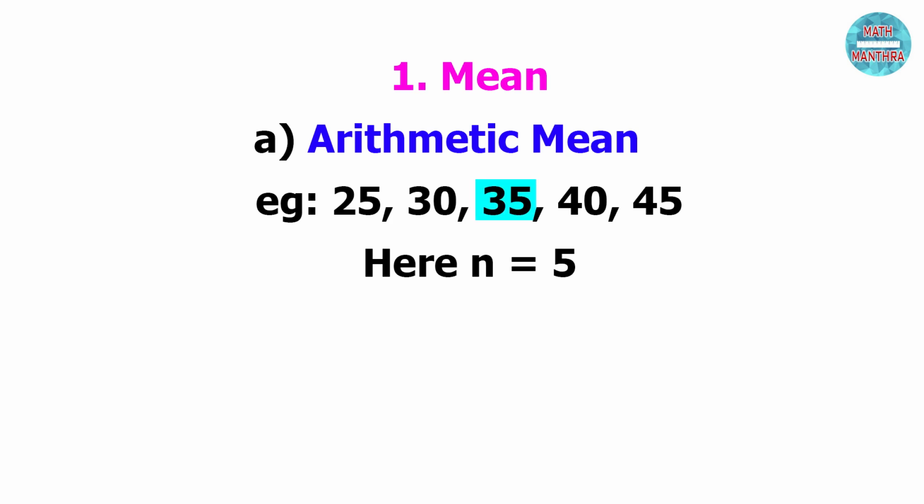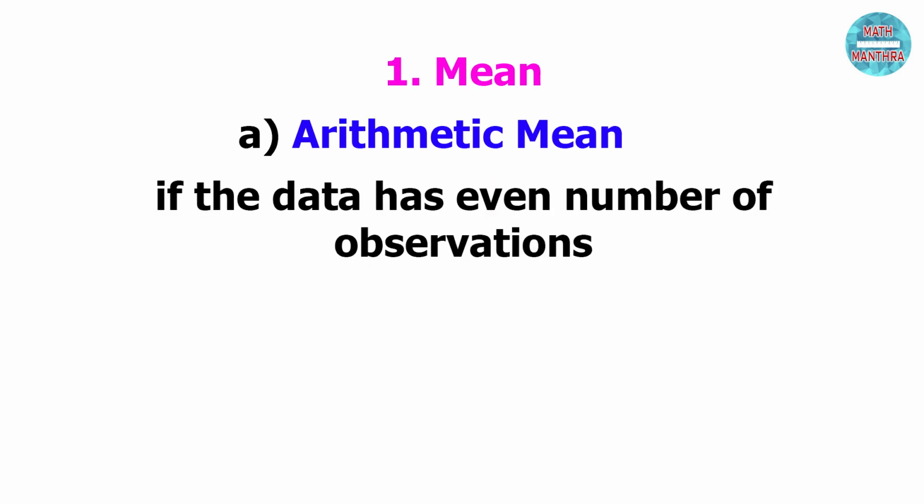That will be the arithmetic mean of this data. Hope it is clear to you. In the same manner, if the given data has an even number of observations, we can similarly find the average without going for addition.